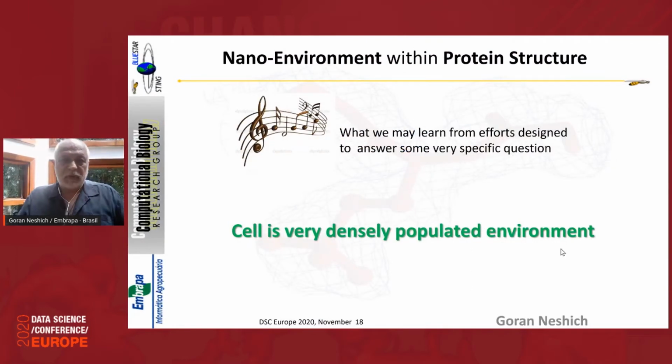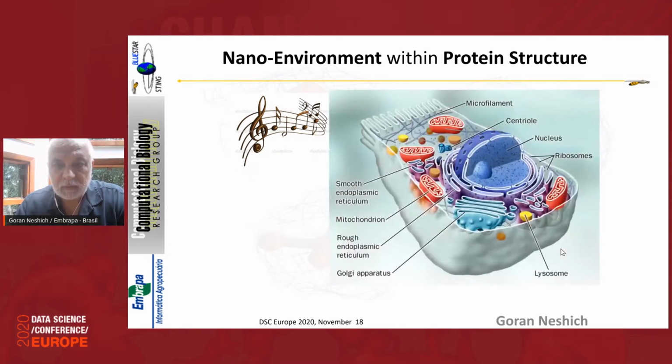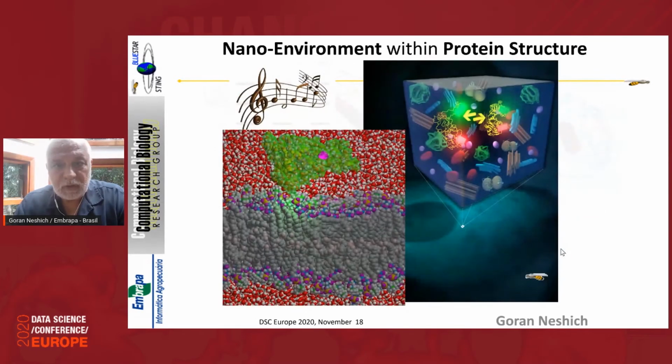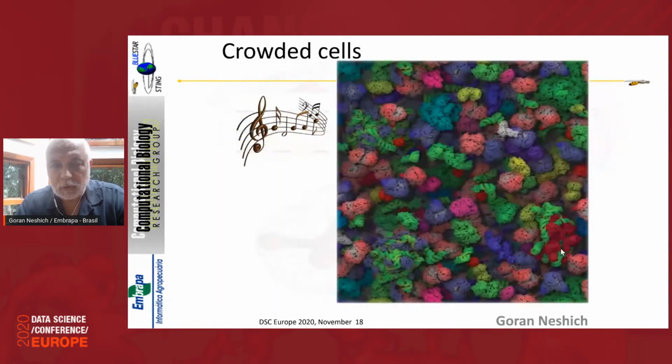But let me first step back once again and tell you about cells, where the proteins actually exist and where they operate. The cell is a very densely populated environment, and here is just a representation of the structure of a cell. Within the cell, we have proteins, membranes, water molecules, and thousands of proteins.